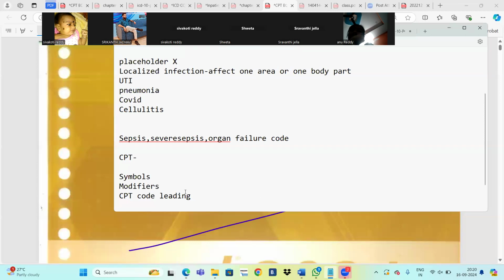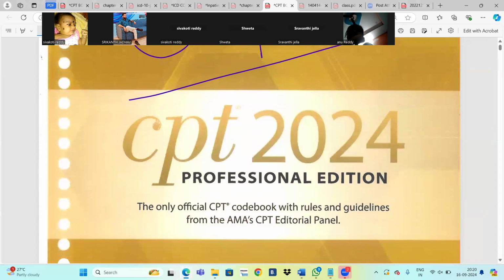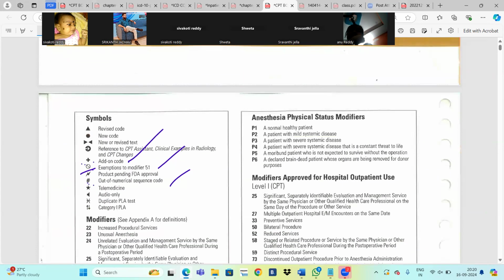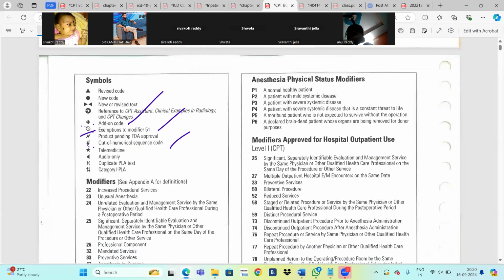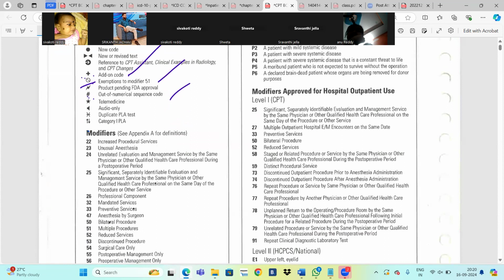Then modifiers and CPT code leading are pending. After completing the modifiers, I will explain how to use the CPT book, then it is easy. So we can go through modifiers. Symbols clear, modifiers next.